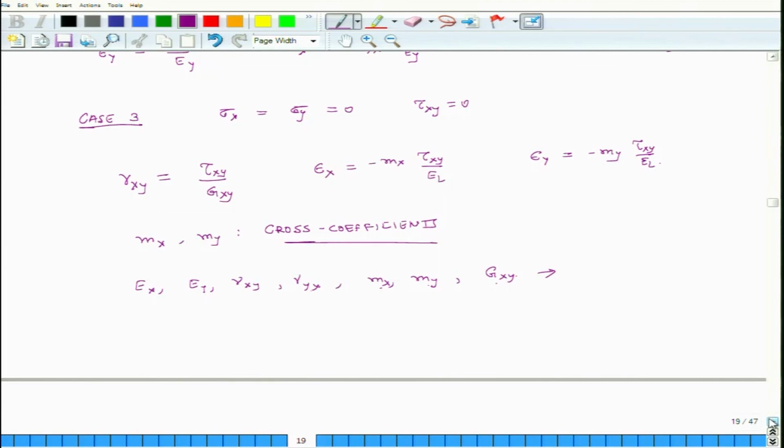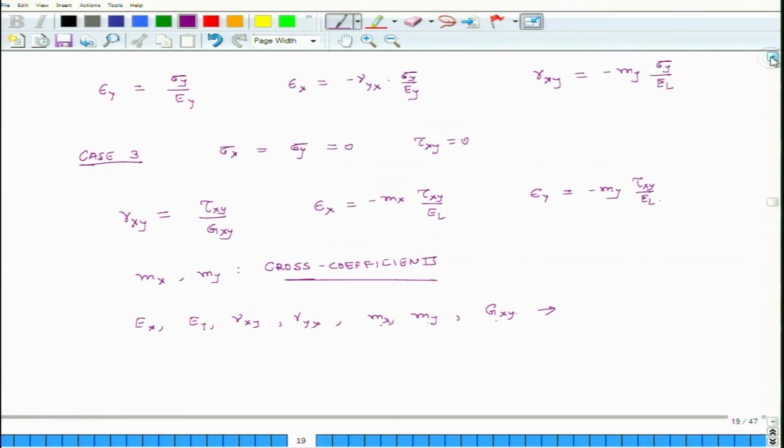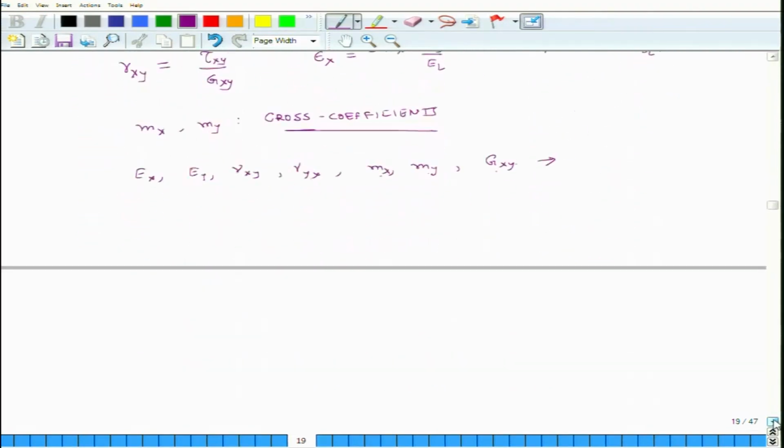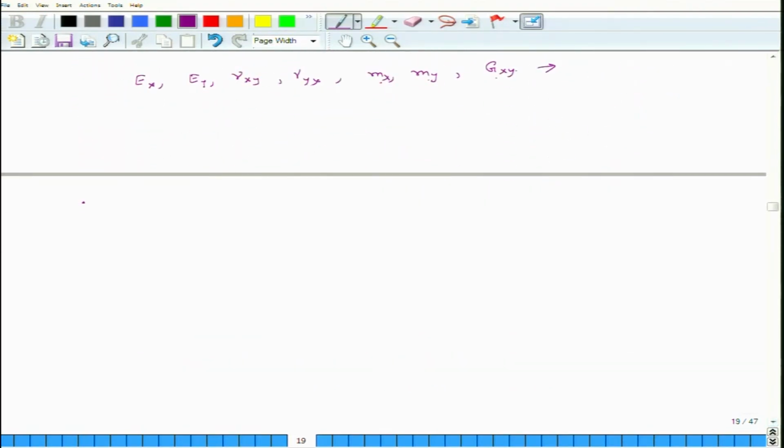for especially orthotropic plate. So, these are the 3 cases when we apply only one stress, and if we apply all the stresses together, that could be case 4. And how do we develop the strain stress relationships? Basically through the principle of superposition. So, here sigma x is not equal to 0, sigma y is not equal to 0, tau xy is not equal to 0.